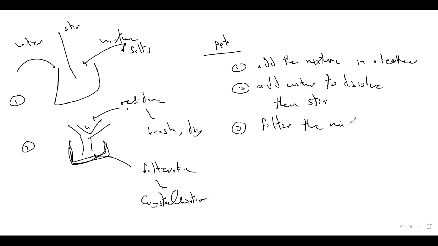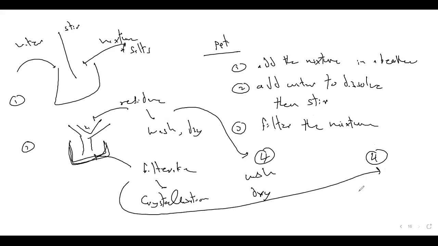Number 4, it depends on what you need. If we need the residue, wash the residue with distilled water and then dry. If we need the filtrate, crystallization: heat, cool, filter, dry. This is for making salts.